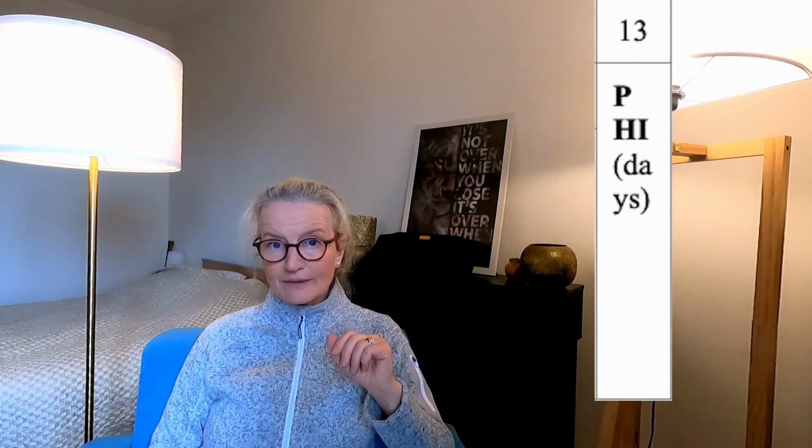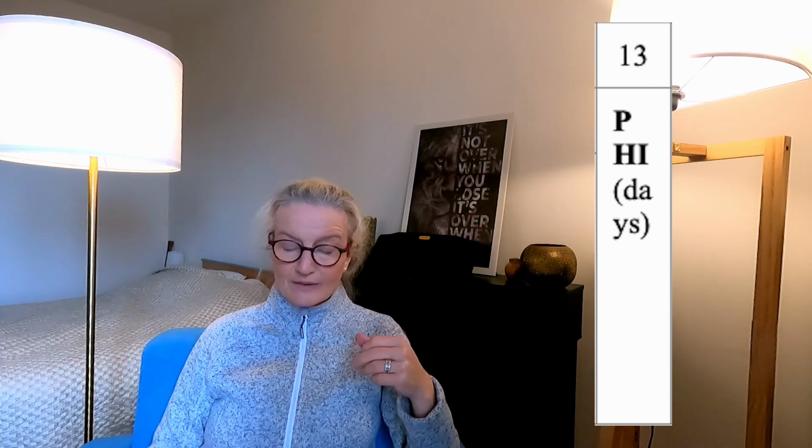Column number 13 is entitled PHI, and that stands for pre-harvest interval. It is the number of days that you need to leave between the last application and the moment where you can harvest. Of course, if you have a product that does not leave residues, or at least no residues that could harm consumers in case it is a crop that will be consumed by consumers, this PHI can be 0 or 1.